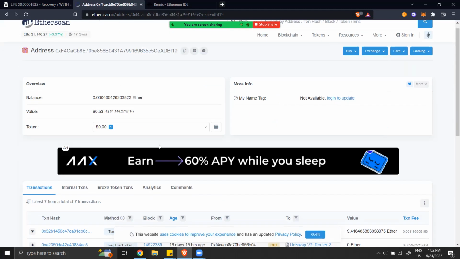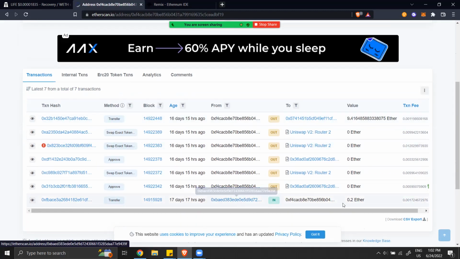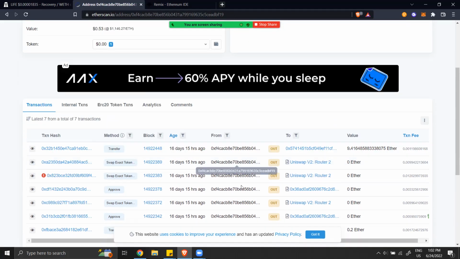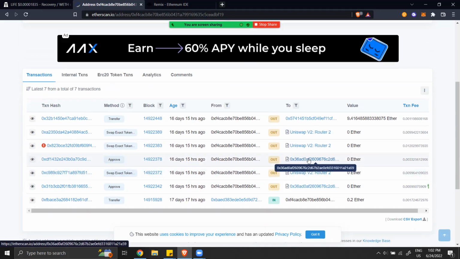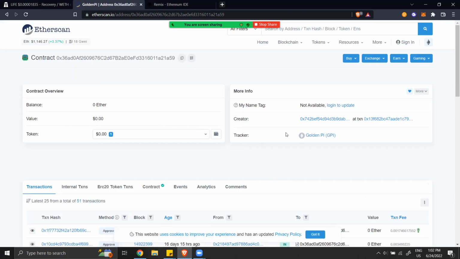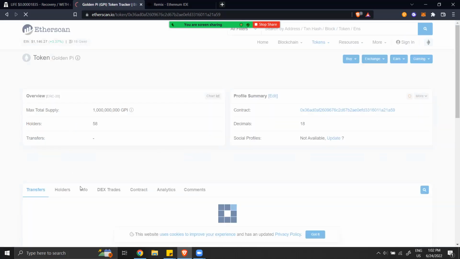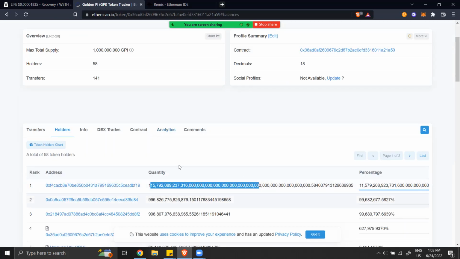Here we should have the same behavior as the marketing wallet, even if it's another wallet. And I guess that in that contract, we'll find the same kind of code. That token is Golden P. Let's see the holders of Golden P. Same. So this is the same method, the same modus operandi used for that token.